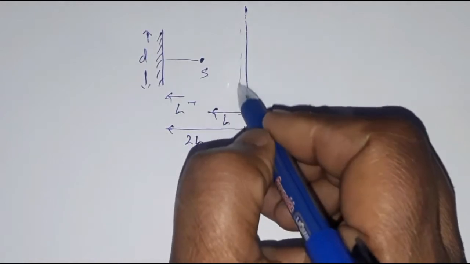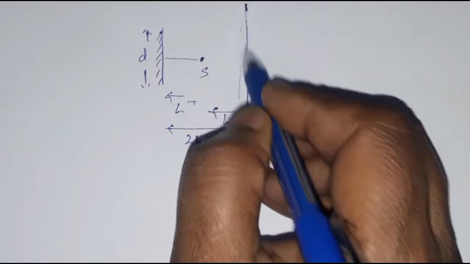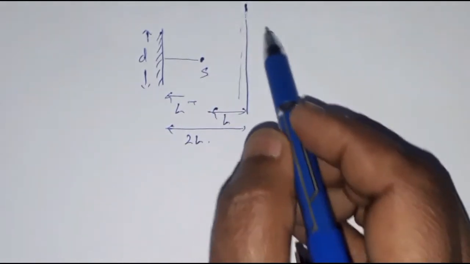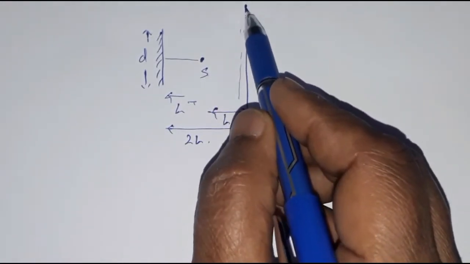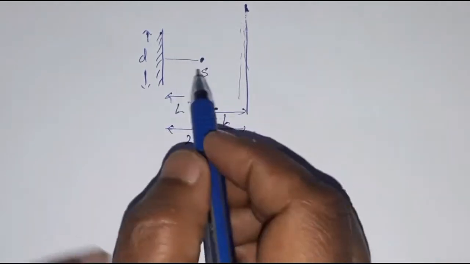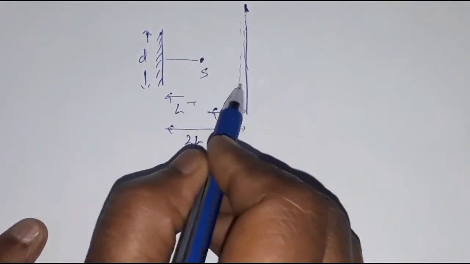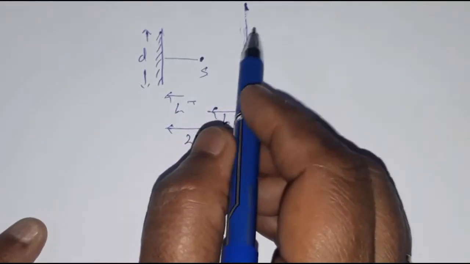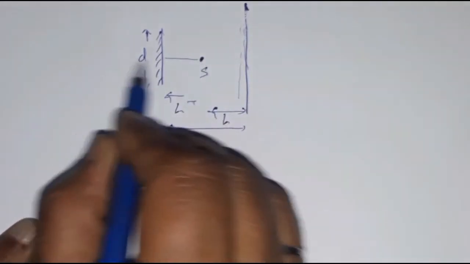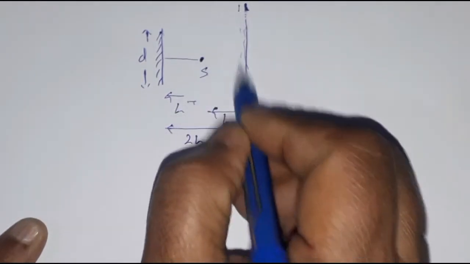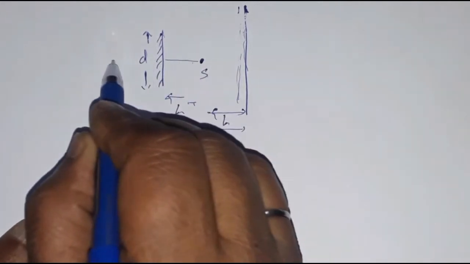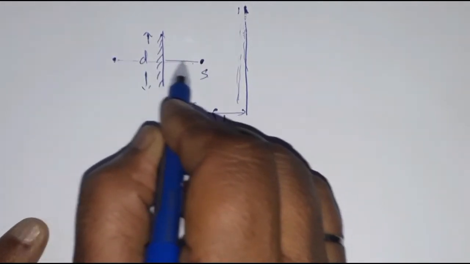The man is moving here, so to what distance can he move such that he can see the image? The man has to see the image of this source in the mirror. The image of this source is lying here, and light travels in a straight line.